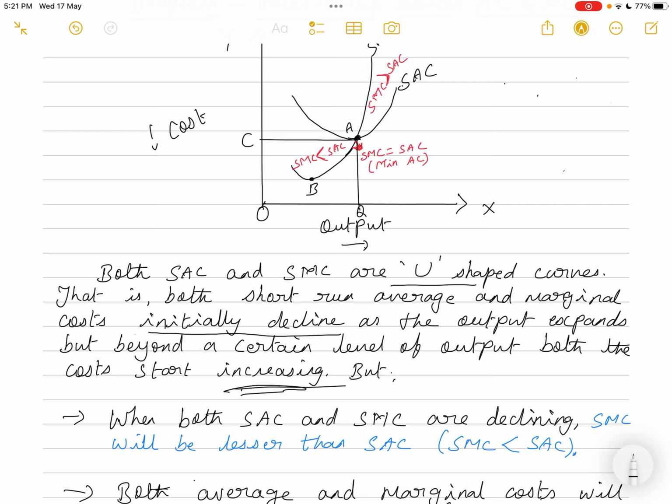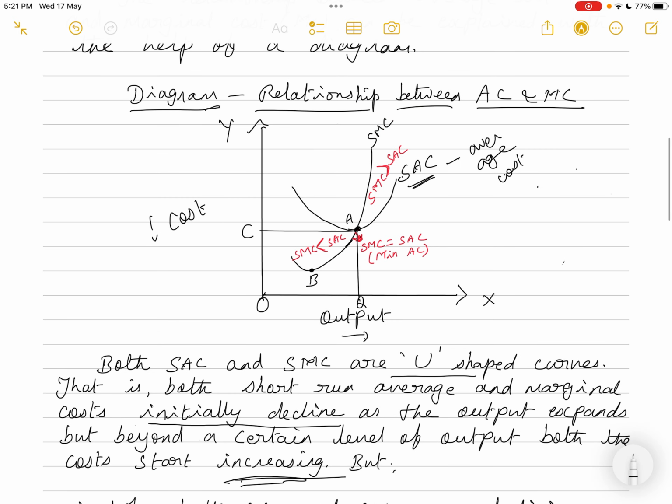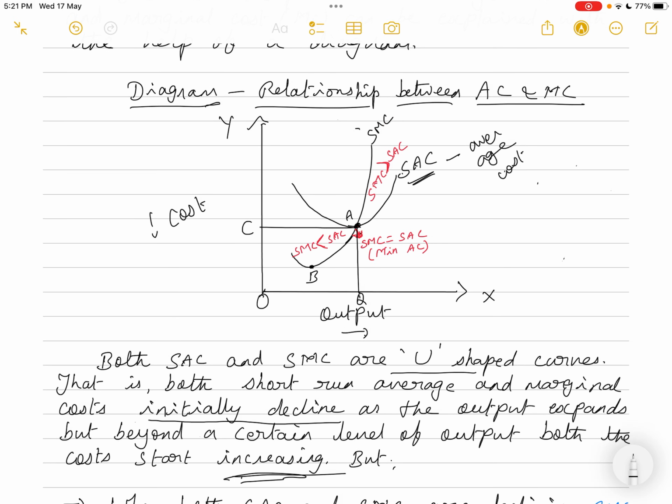When both SAC and SMC are declining, SMC will be lesser than SAC, that is marginal cost is lesser than average cost. So you can see that this is the SAC, the short-run average cost, okay, and now this is SMC, the short-run marginal cost.